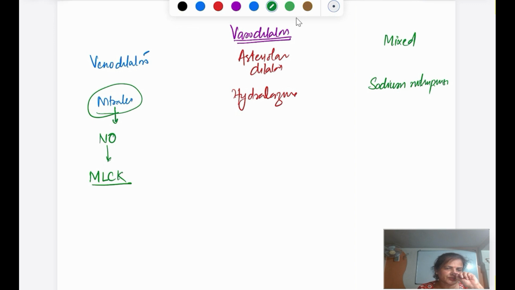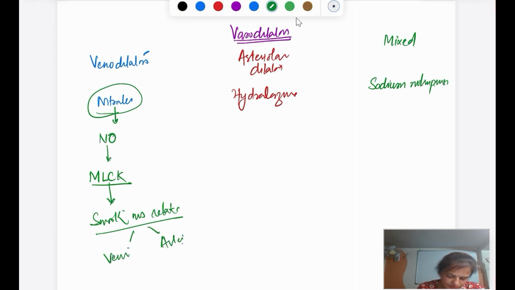It does not allow phosphorylation, and this is going to cause smooth muscle relaxation. And smooth muscle relaxation is more for the veins as compared to the artery. So they are the venodilator.